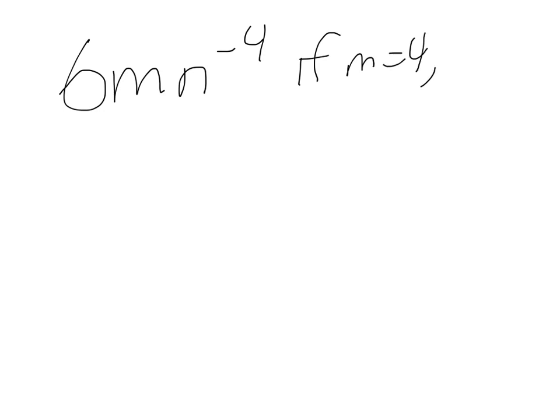All right, we want 6mn to the negative 4th if m equals 4 and n equals 3. Try that one.